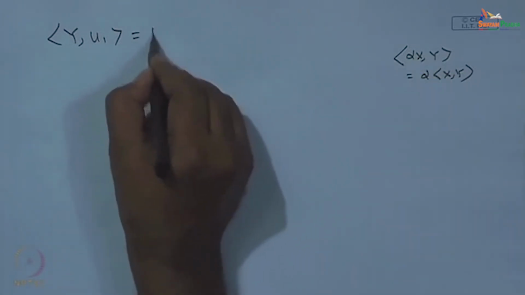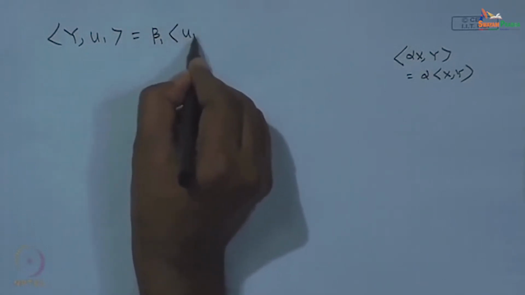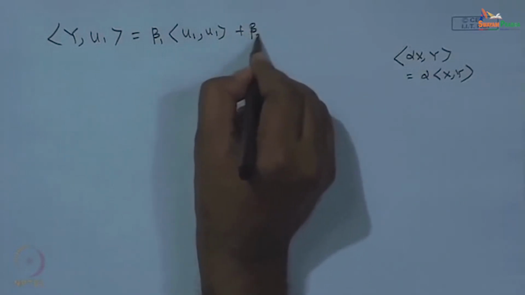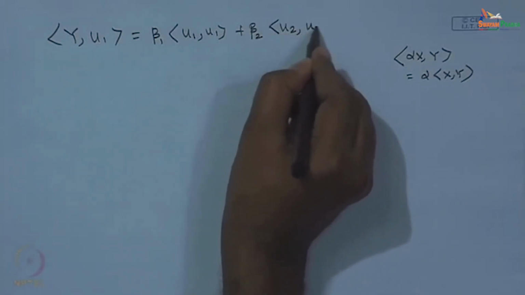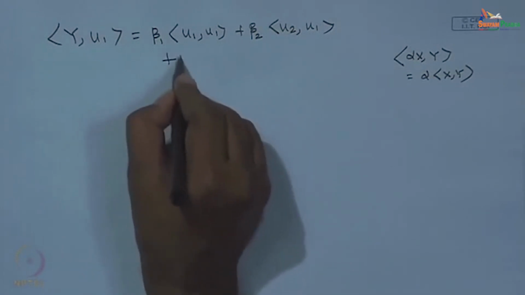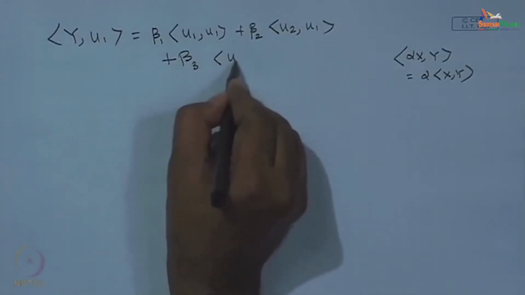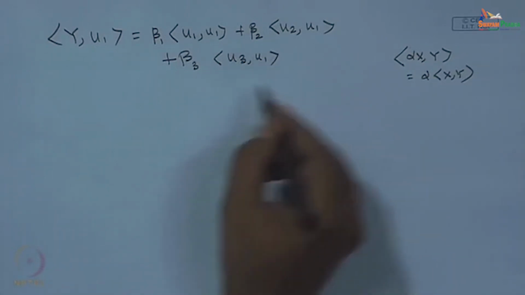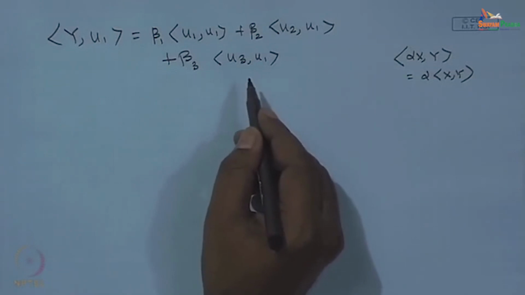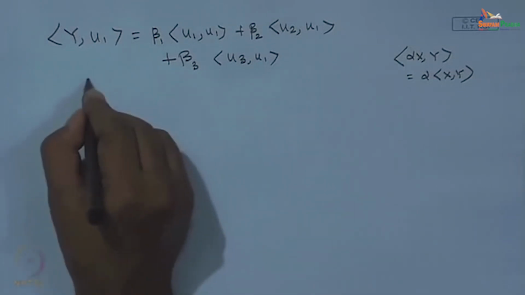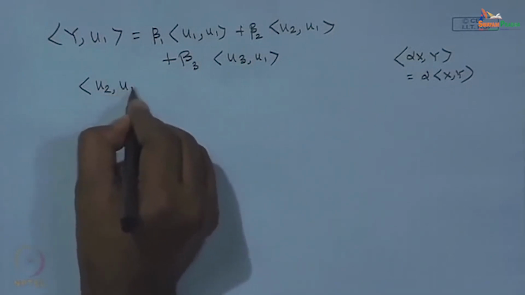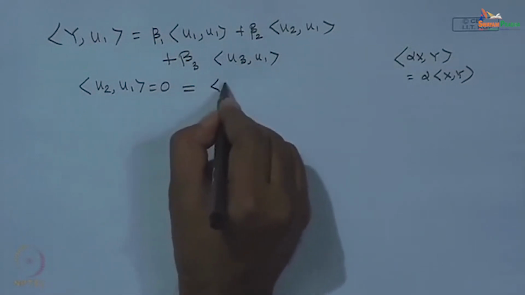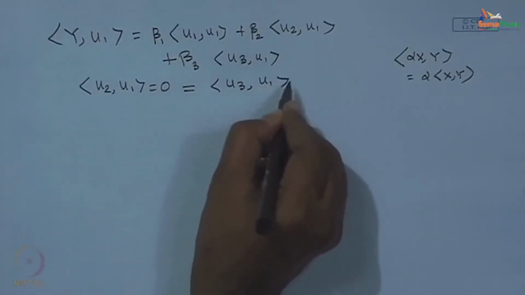So, beta 1 can be taken out and it will be the inner product of u1 and u1, plus beta 2 times the inner product of u2 and u1, plus beta 3 times the inner product of u3 and u1. Now, since the u vectors are a set of orthogonal basis set vectors, the inner product of u2 and u1 will be equal to 0 by definition, because they are mutually orthogonal to each other. The inner product of u3 and u1 will also be equal to 0.